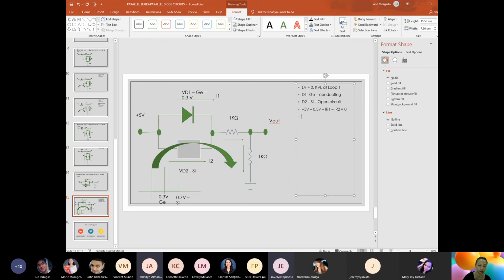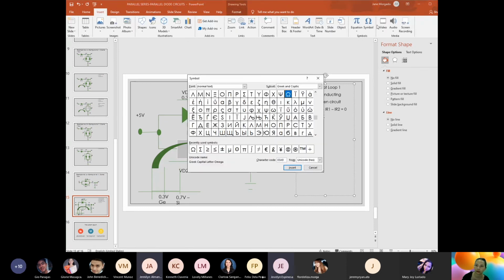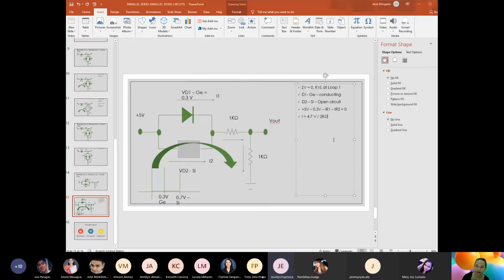So therefore, what is now your current equal to? 5 minus 0.3 is 4.7, divided by R1 plus R2, 2K. Shortcut na, no? Bakit naging 2K yan? Pinactor out natin si current because in a series circuit, what is constant?